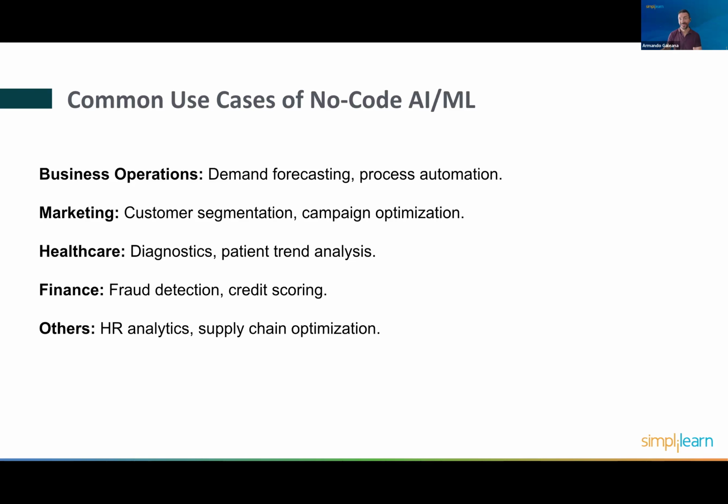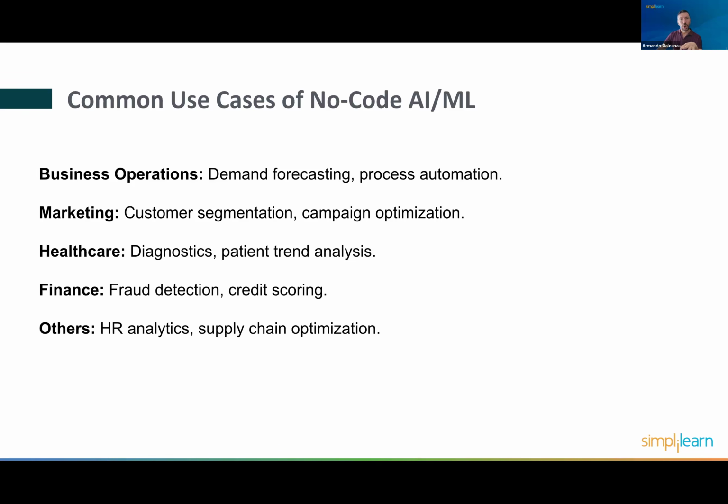Or portfolio analysis. Human resources, besides analytics, we can look at talent acquisition analytics, workforce planning, churn prediction. In supply chain, for example, inventory optimization, route planning, demand and supply matching.